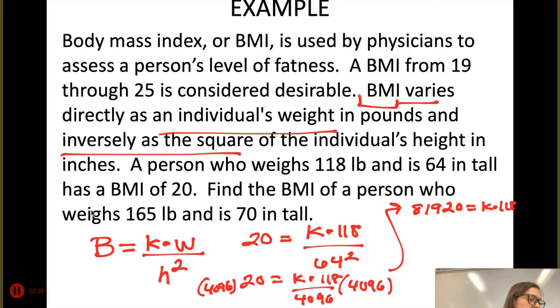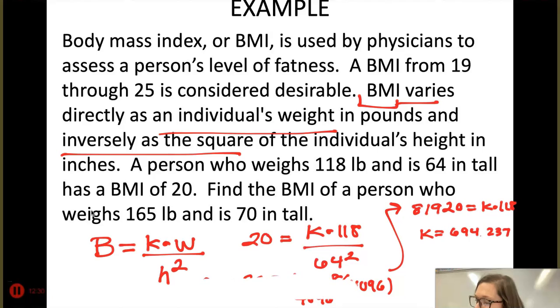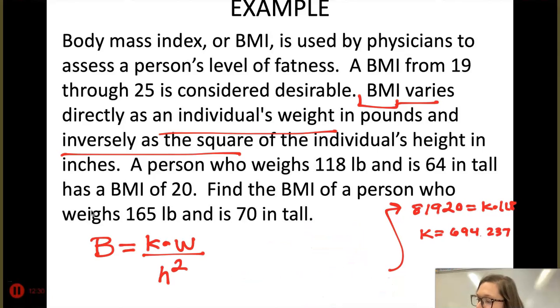Divide by 118, and that tells me my K is about 694.237. So now that makes my new equation: B is equal to 694.237 W over H squared.